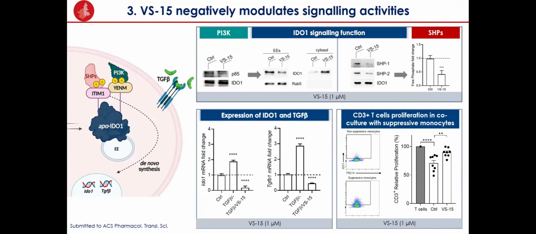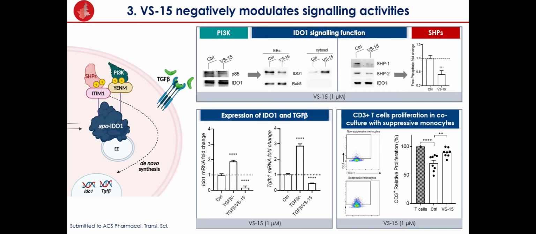But the most interesting thing of VS15 is that it can negatively interfere with the signaling activities of IDO1, and in particular, it can decrease the association of IDO1 with PI3 kinases, and this leads to the protein being retained in the early endosomes compared to the cytosol.